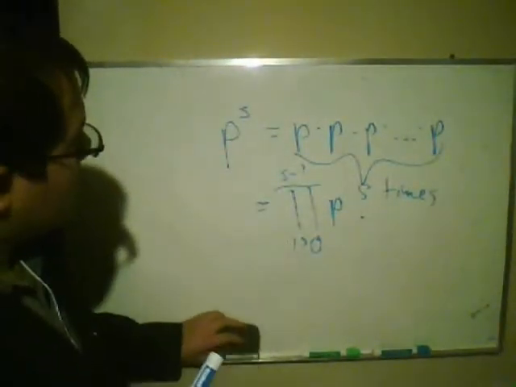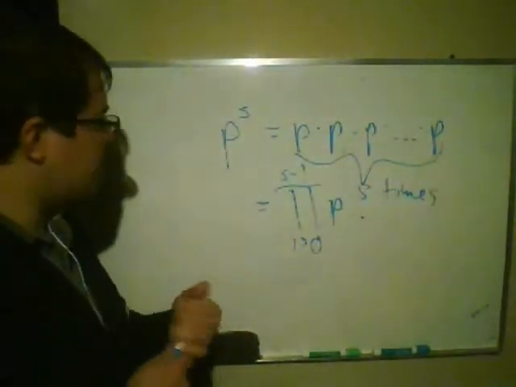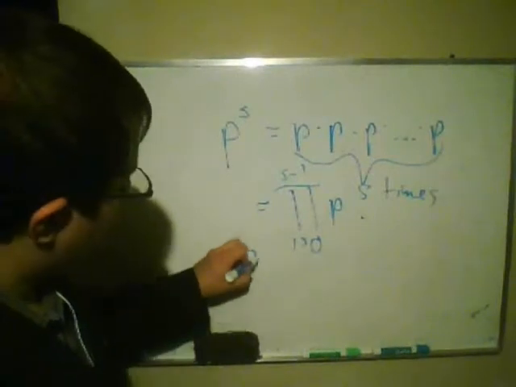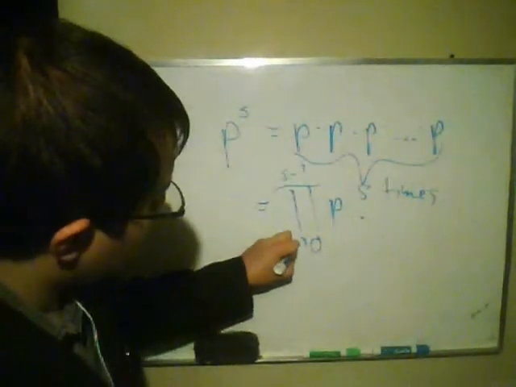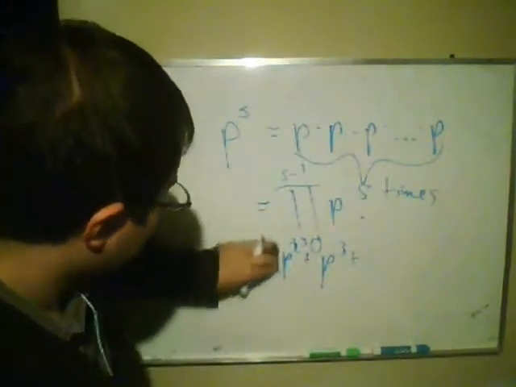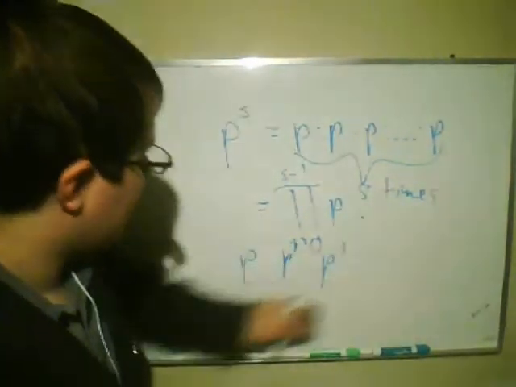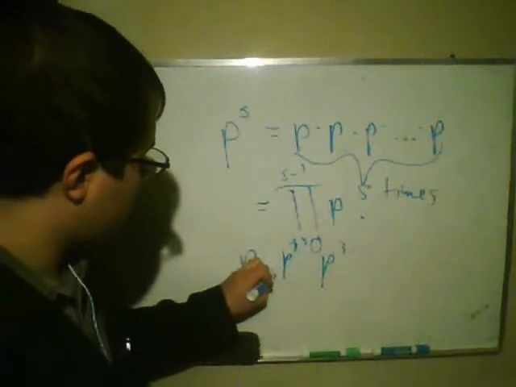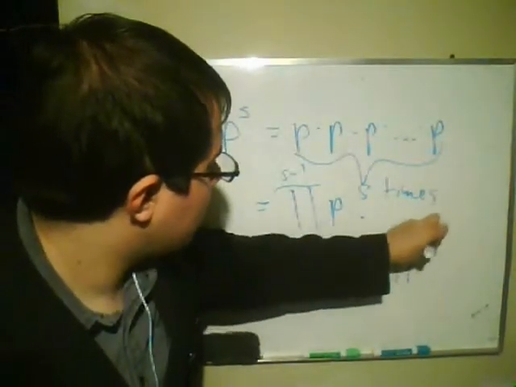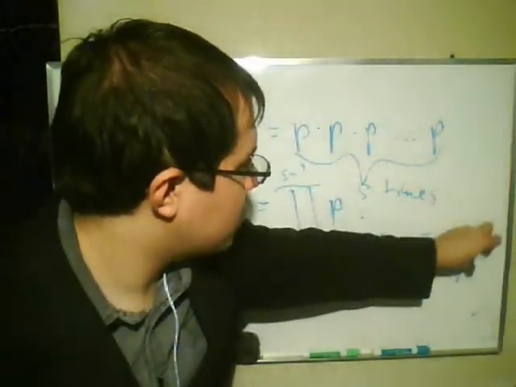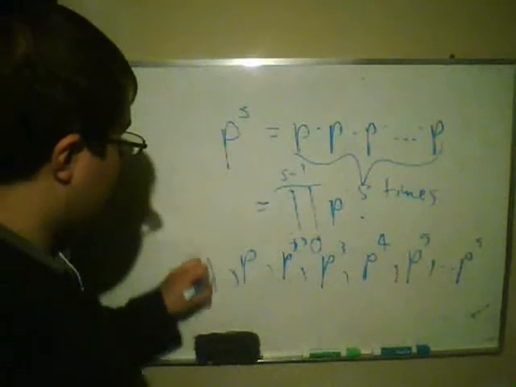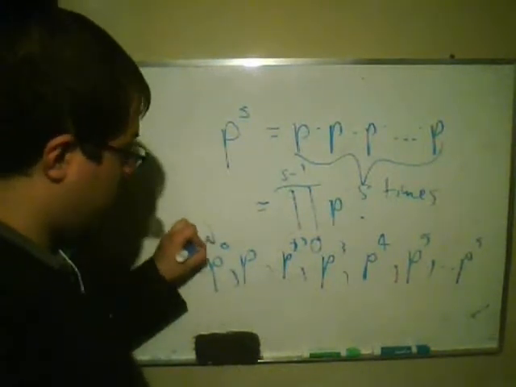So, how many factors does this guy have? Wouldn't you agree that this has P? It should have P squared, P cubed. Whoops, not addition. It should have P to the 4, P to the 5, all the way to P to the S. And also it should include P to the 0, which is equivalent to 1.